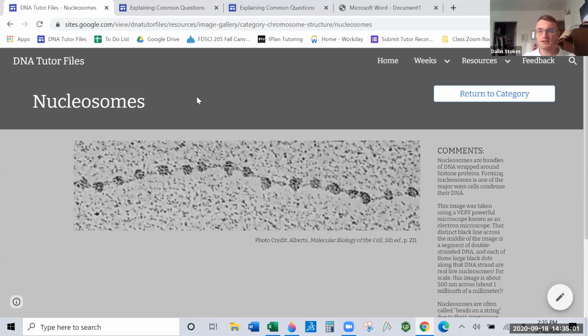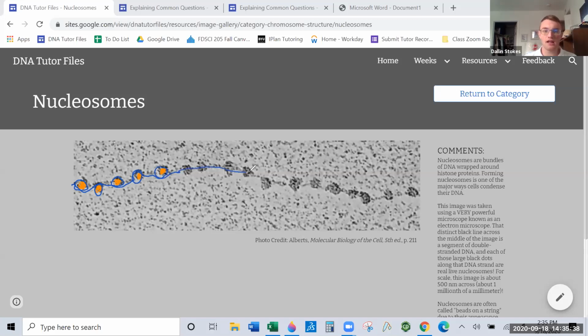Across the middle here, these bumps you'll see are histones. All the way along there, all of these big thick bumps here are histones. And this blue line going across the middle here, wrapping around each of these, keeps going all the way across the page.